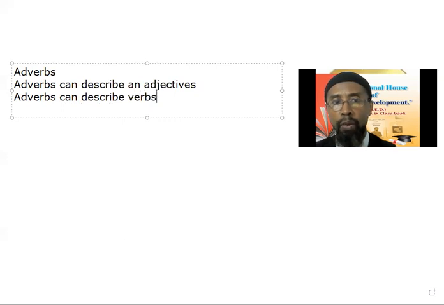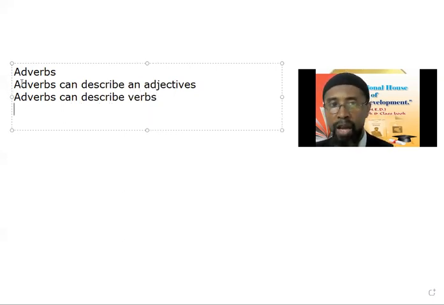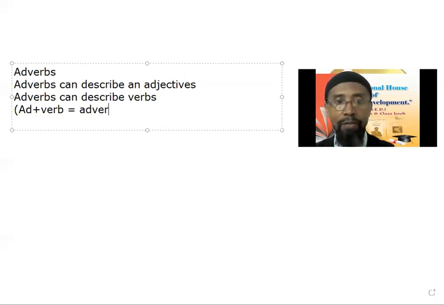So adverbs can describe verbs. Now, when adverbs describe verbs, it's actually the main job of an adverb. That's why if you look, you can see that add plus verb equals the word adverb.